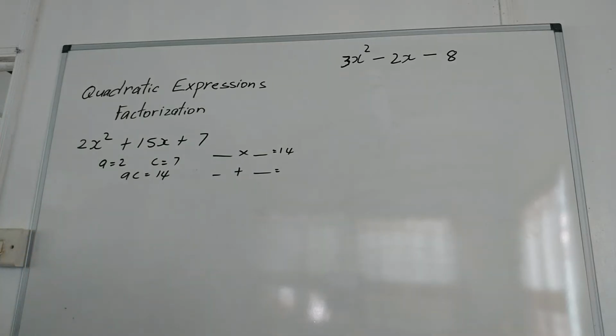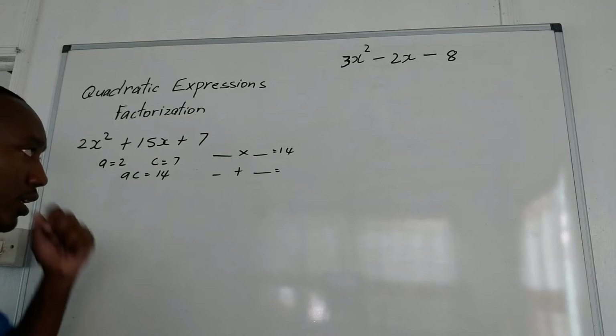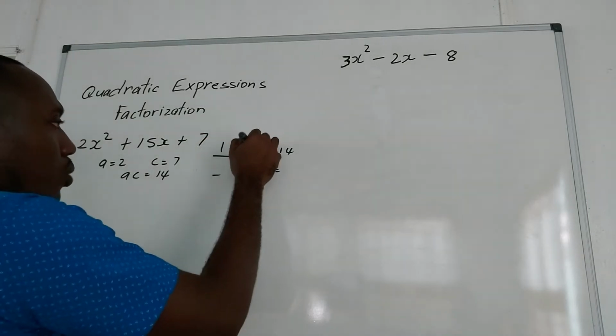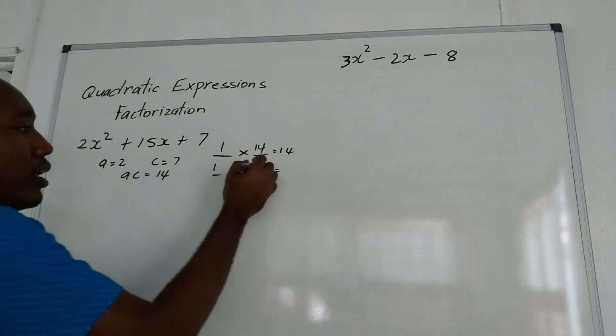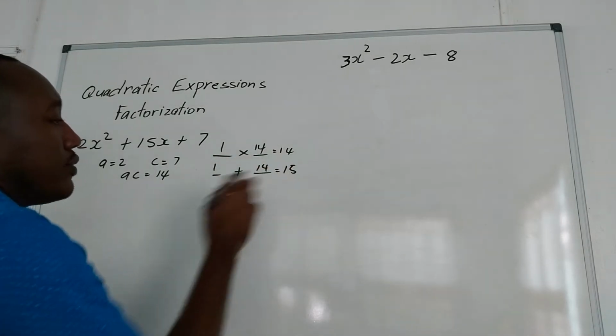All right? Yes, so we can say 2 sevens will give us 14, but 2 plus 7 will not give us 15. So let's try another two. Let's try 1 times 14. 1 times 14 will give us 14, yes, and 1 plus 14 will give us 15.